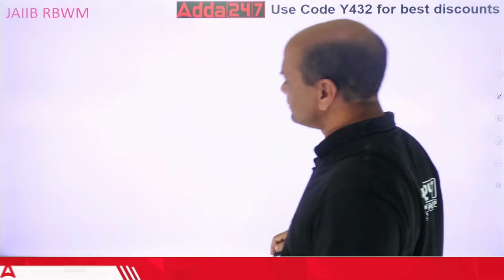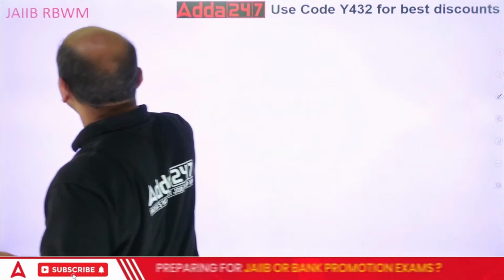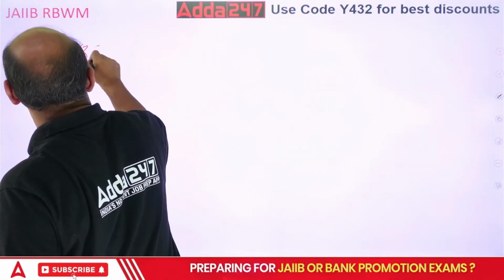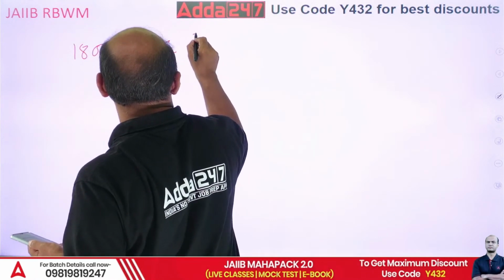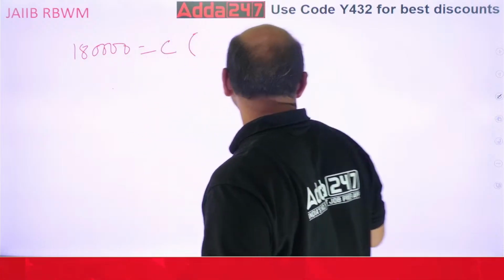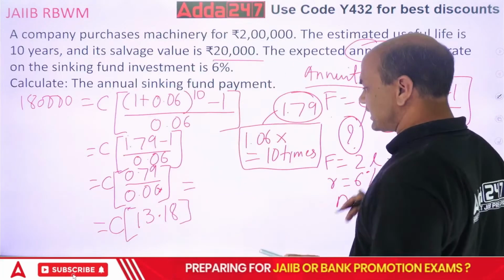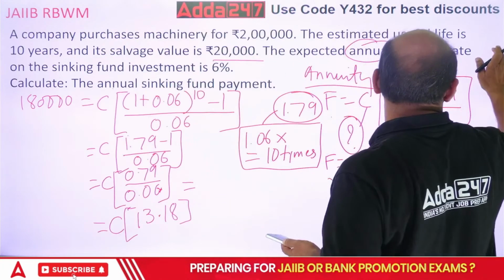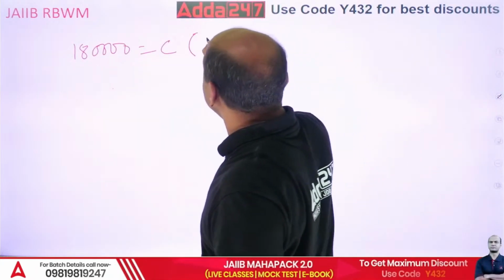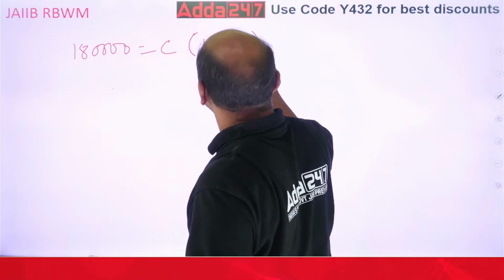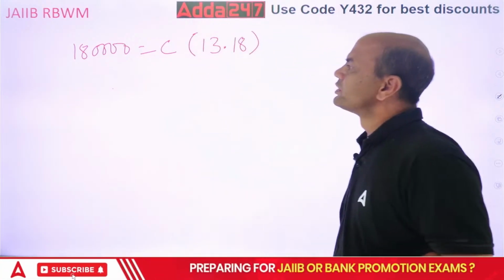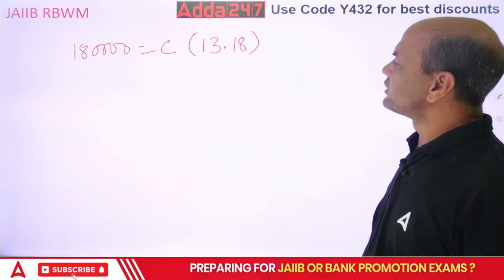The equation is 1,80,000 equals to C into 13.18. Let's get the exact figure. 13.18. Okay? So 180,000 equals to C into 13.18.